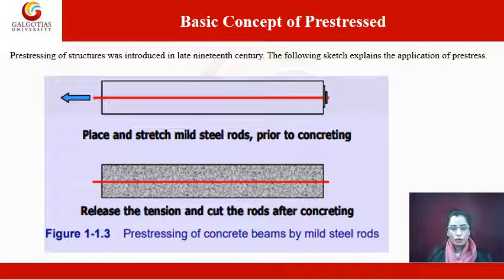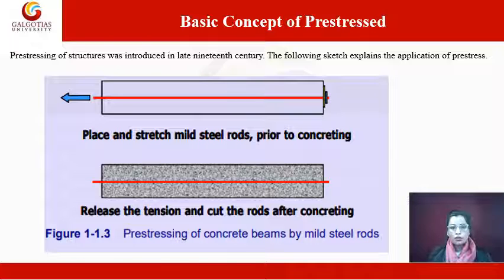Here you can see a stretched mild steel rod placed prior to concreting, and after this we place the concrete in this member, release the tension and cut the rod after concreting.